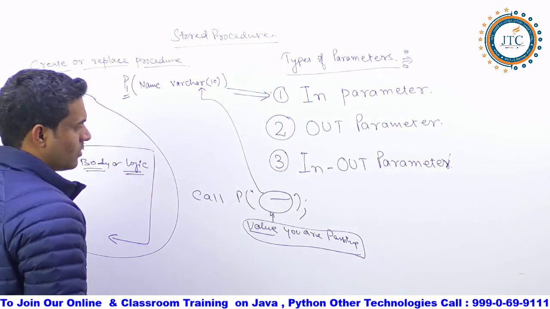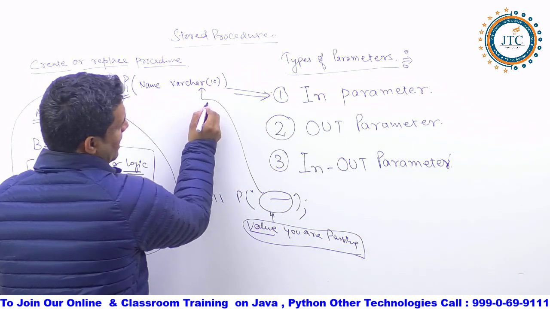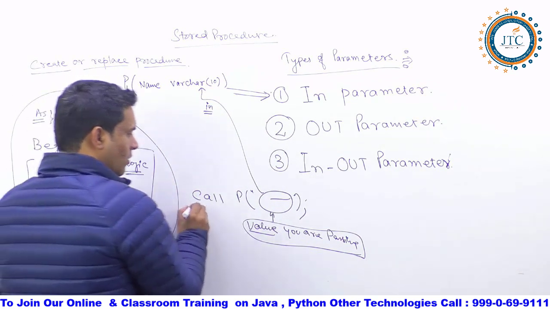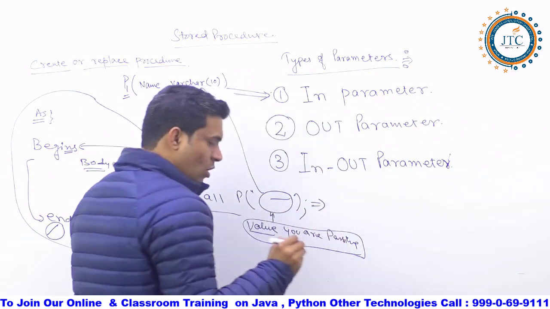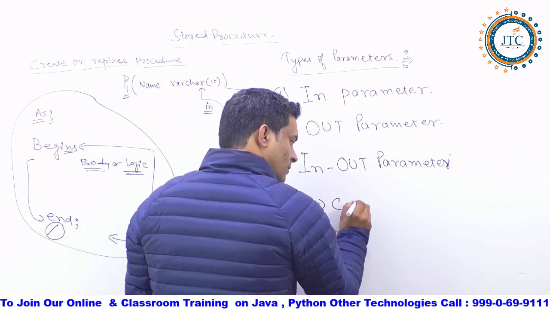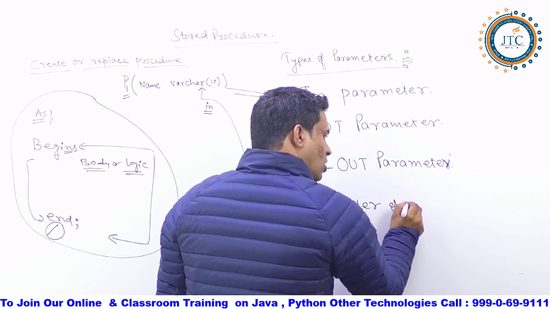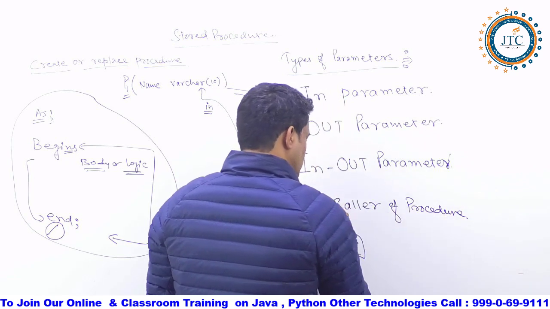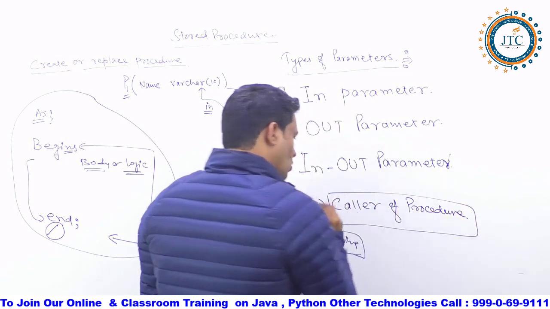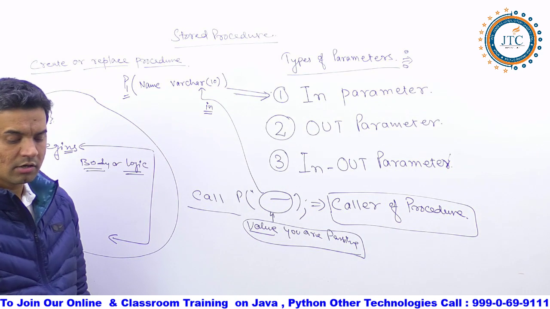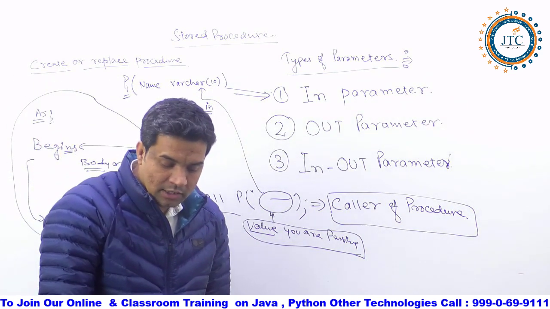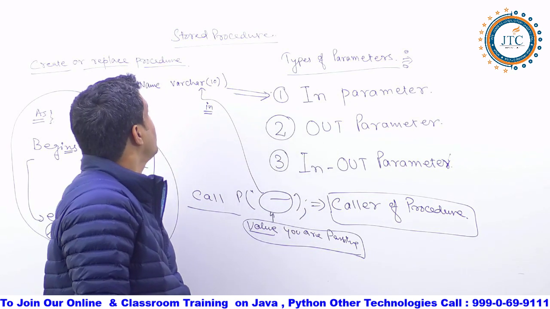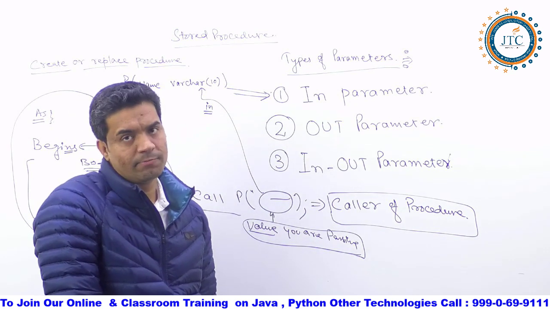Here it is going. It is an in parameter, and with the help of the in parameter, it is receiving. And this is the caller of a procedure. Who is going to be the caller of a procedure? Somewhere if you are calling, you are going to be the caller of a procedure. You are the one who is going to call that procedure specifically.